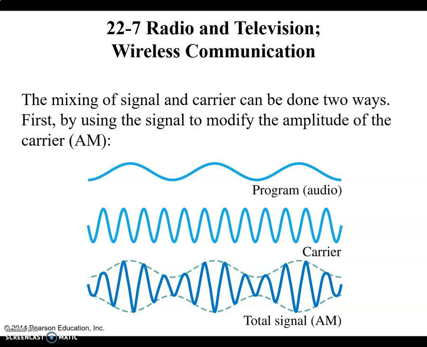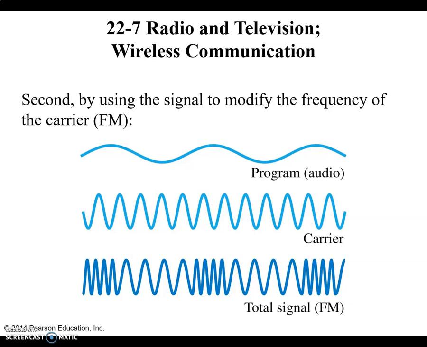frequency. The second method that we use is where we take the audio signal and the carrier signal, and whenever you have a high amplitude for the audio signal, that will just slightly increase the frequency of your carrier wave.